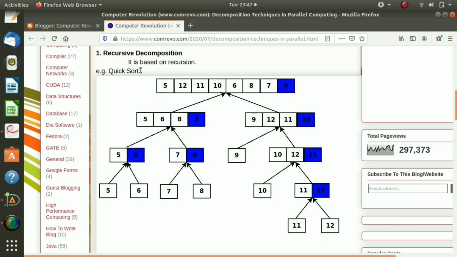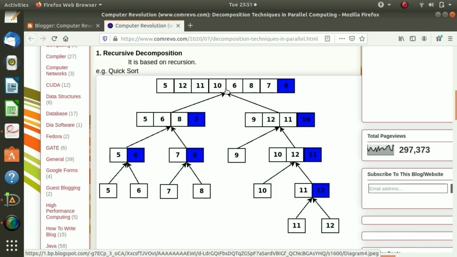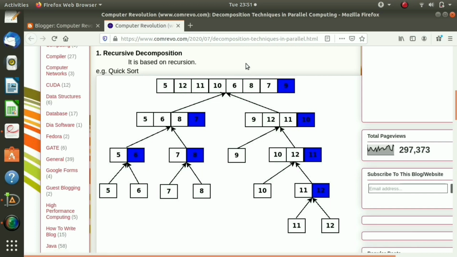The best example is quicksort. In quicksort, we have a set of elements. Out of that, we choose one element as a pivot element. We can choose the first element, the last element, or a random number as the pivot element. Any number can be chosen.